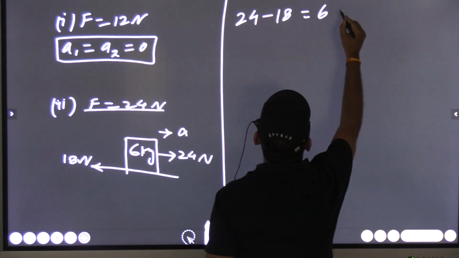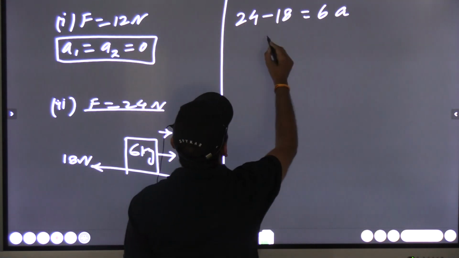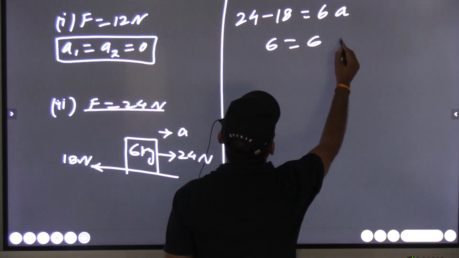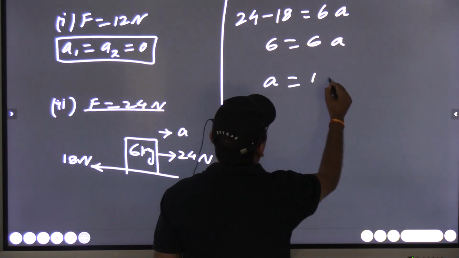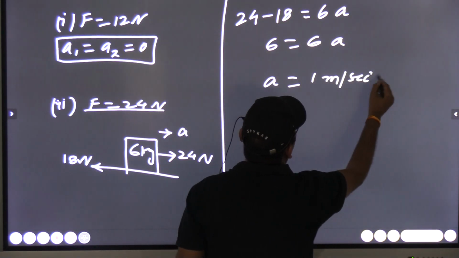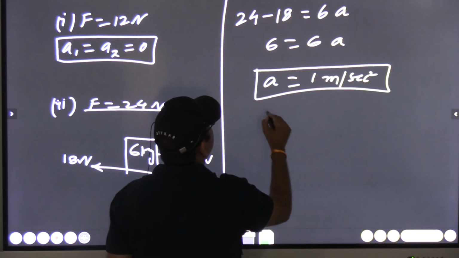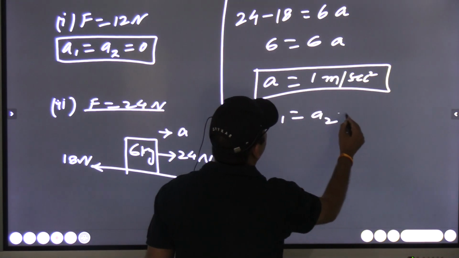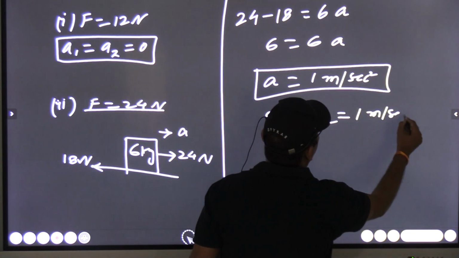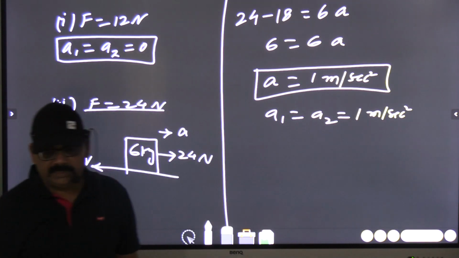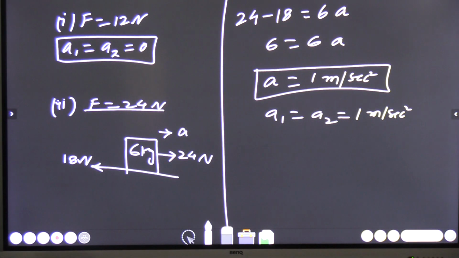The mass is 6 and the acceleration is a, so 6 is equal to 6a. a is equal to 1 meter per second square. I must say a1 is equal to a2 is equal to 1 meter per second square, the accelerations of both of the blocks. Got it?